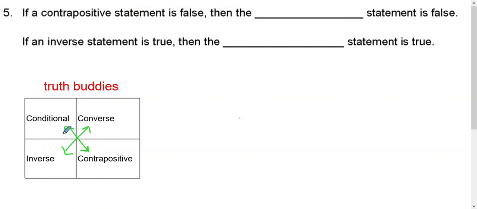So if the contrapositive is false, that means that the conditional will also be false, because those are truth buddies. And going with that same theory, if the inverse is true, the converse is also true. A good way to remember the truth buddies is to remember that the verses work together. They go with each other.